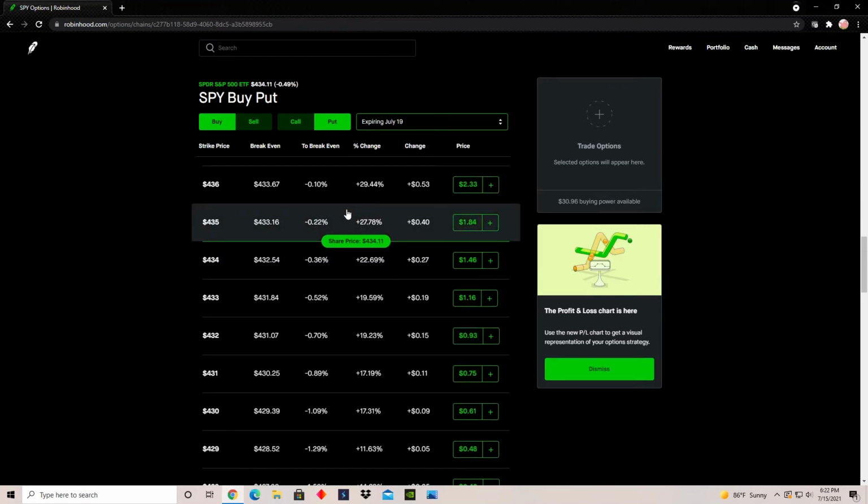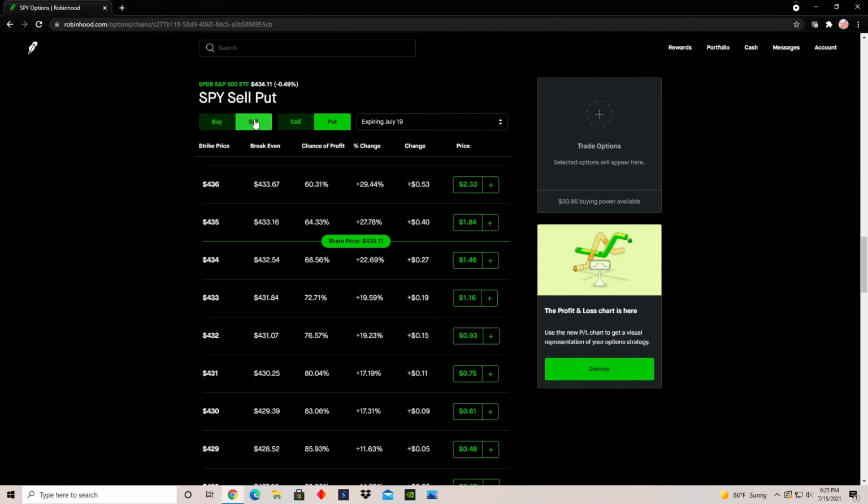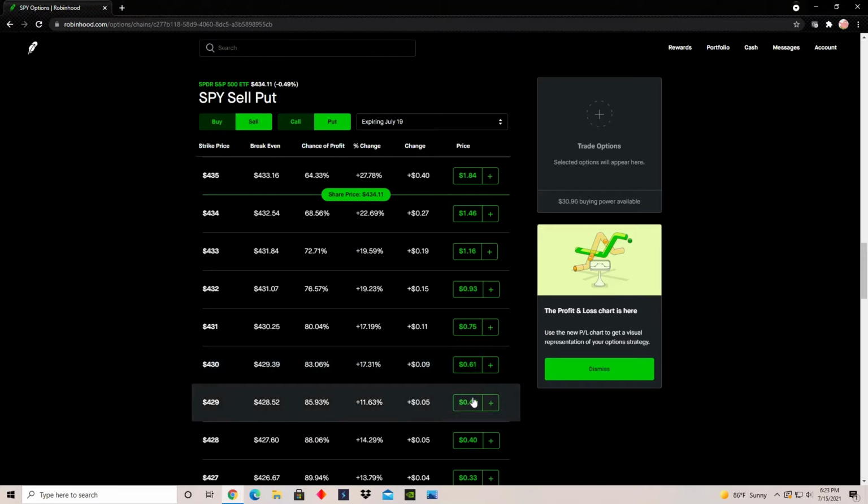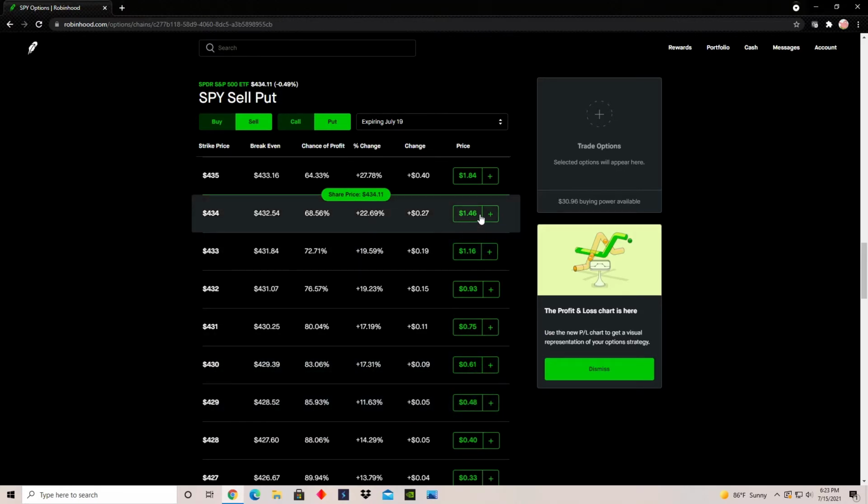Okay, so the wheel strategy is essentially when you sell a put, you're going to receive the premium that's on the right side here for whatever options contract you sell. Let's say I sold this options contract at a $434 strike price with a $1.46 premium.